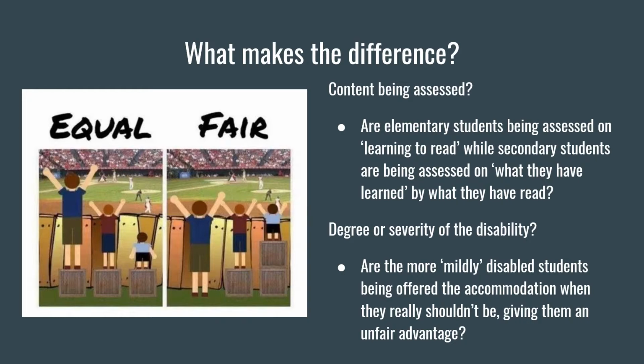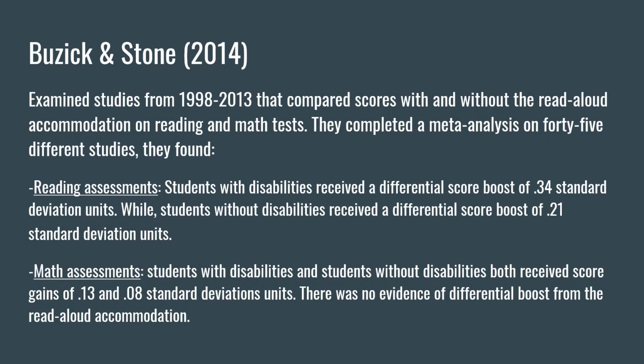Or is it the degree or the severity of their disability? Are the more mildly disabled students being offered the accommodation when really they shouldn't be because it's giving them an unfair advantage? These questions have been debated for a while. These two gentlemen in 2014 did a literature review of all studies that have examined the read aloud accommodation.